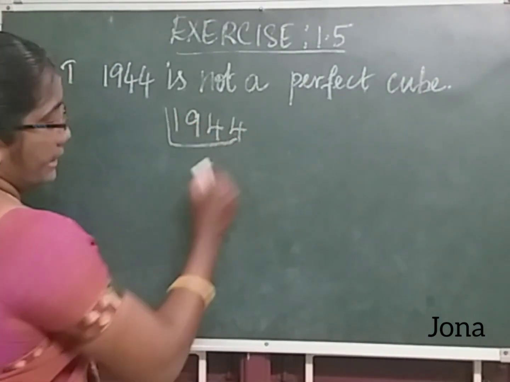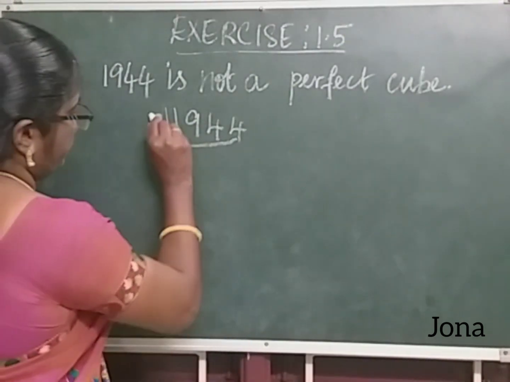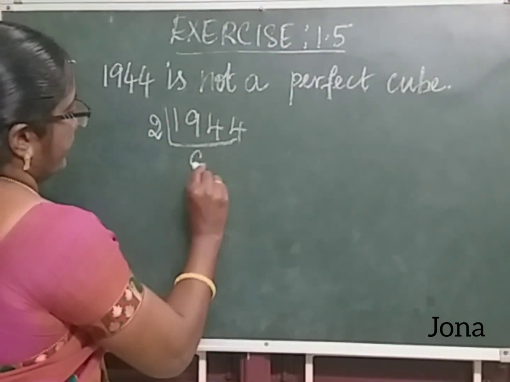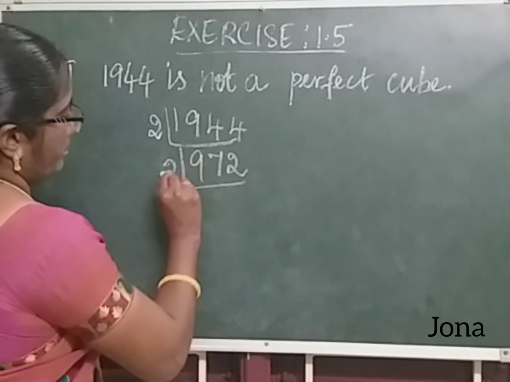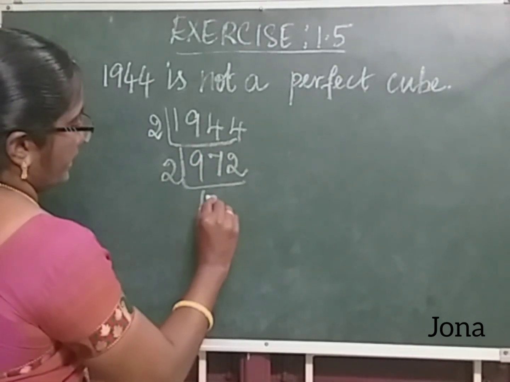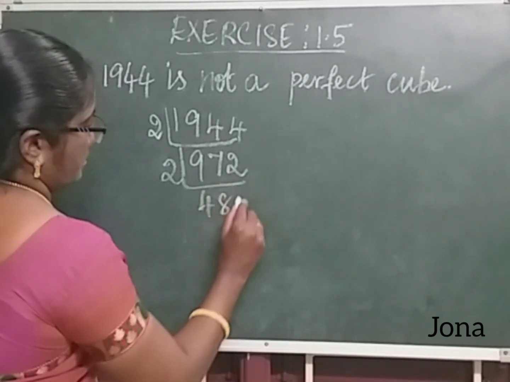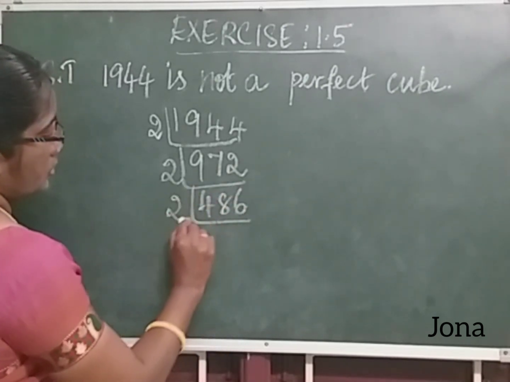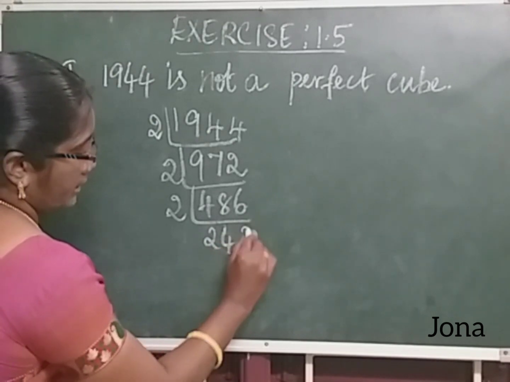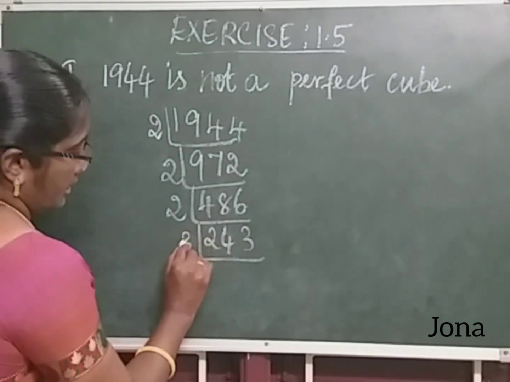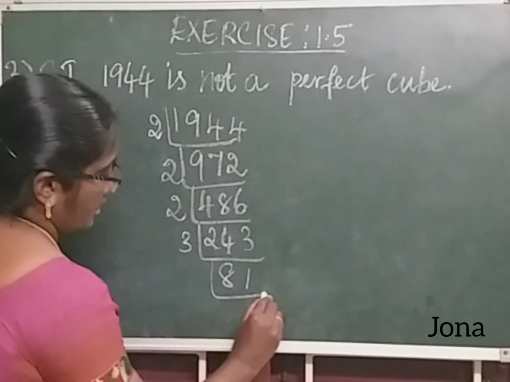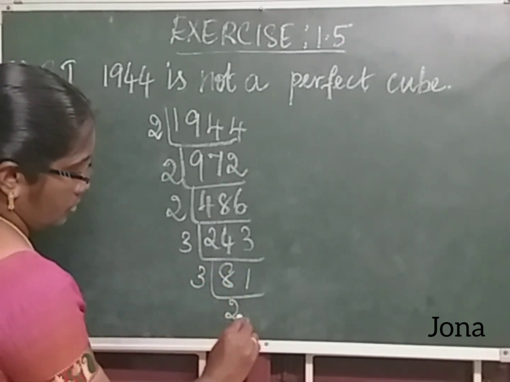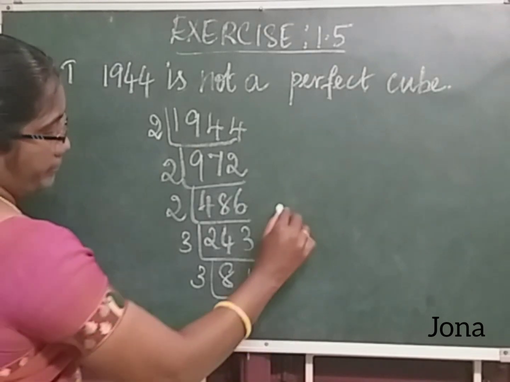1944. We can divide this number by 2. So 972. Again by 2, 486, again 2, 243. Now you can divide by 3. 81. Again by 3, 27.